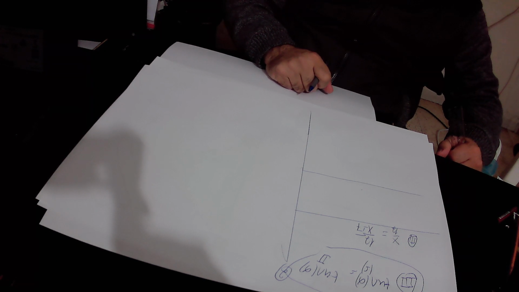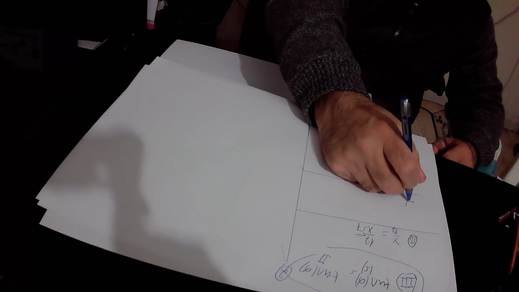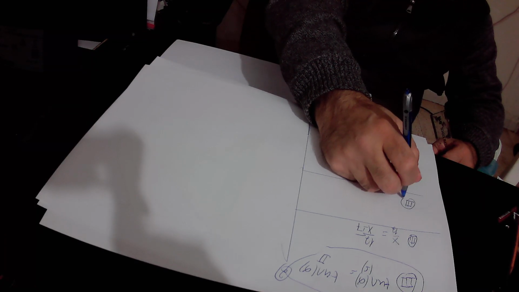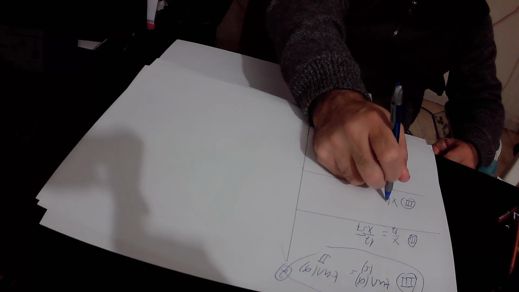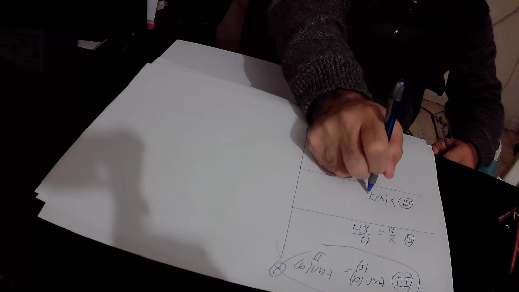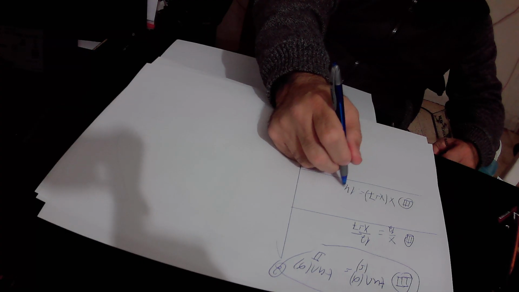Here we'll cross multiply this equation and we get that x times (x plus 7) equals 12 times 12, that is 144.